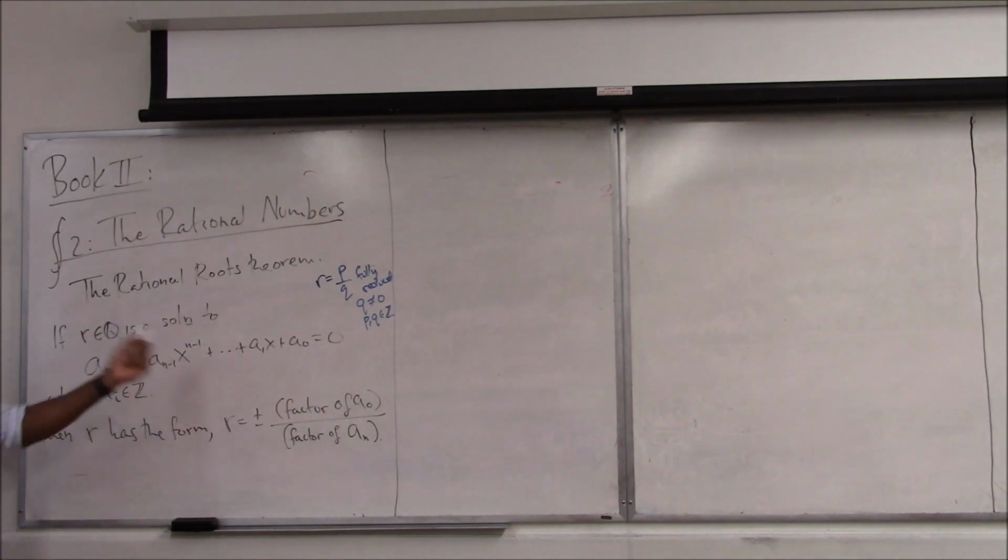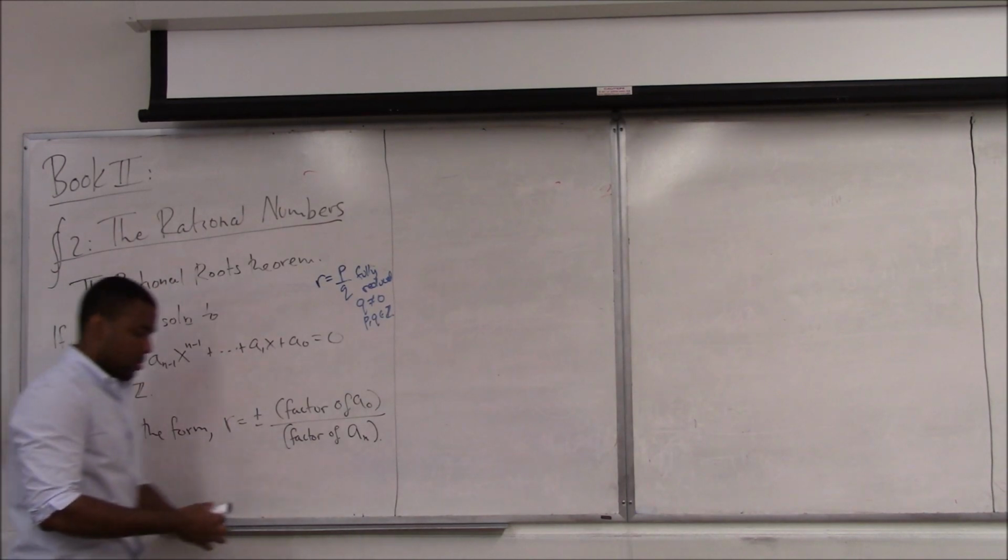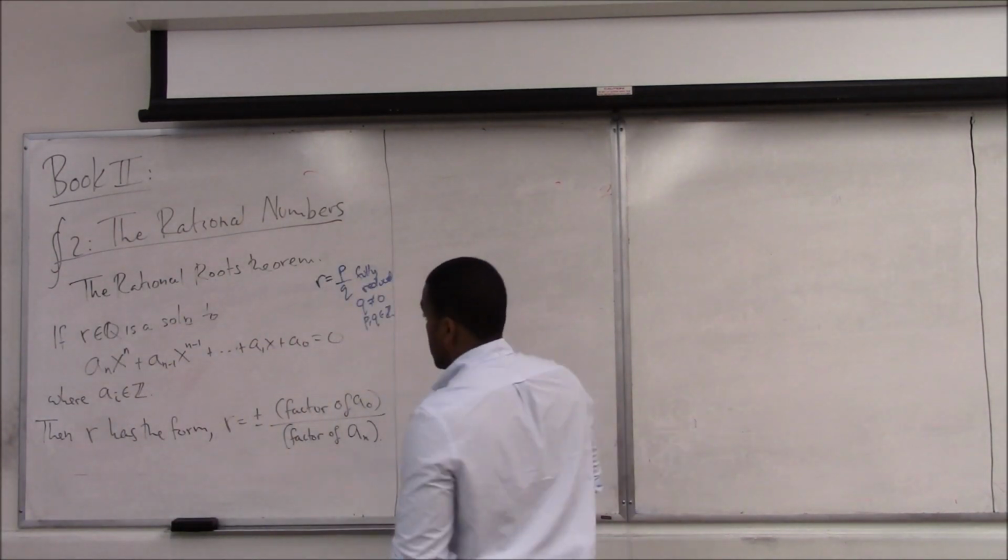Then knowing that that's a solution means if you plug in p over q for x, it will solve this equation. Basically multiply through by the LCD to clear all denominators. If you solve for the term of the highest power, you'll be able to factor out q. If you solve for the term of the lowest power, you'll be able to factor out p. And it'll show you that these will divide a naught and a_n respectively. And so we're going to skip the proof of that.